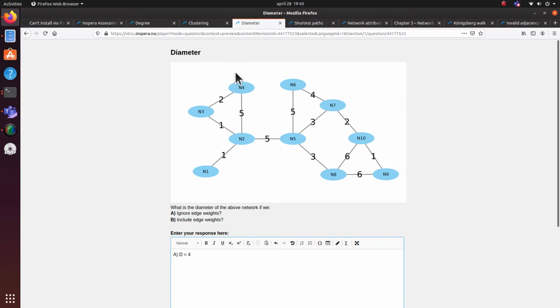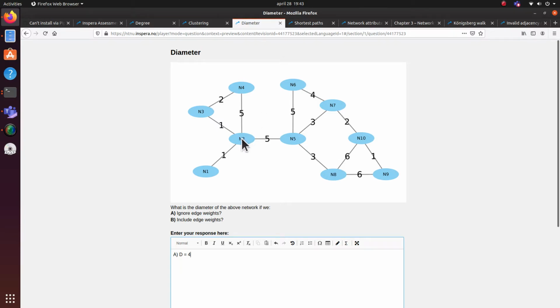But okay, what can we find here? If you look here, this edge 5 is a good candidate to start, because any of these will have to connect through n2.